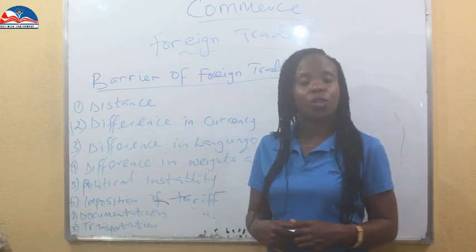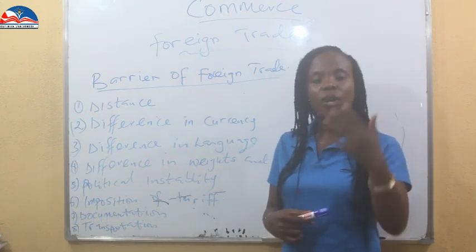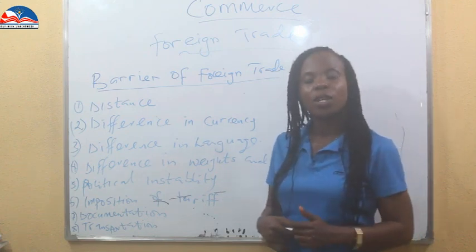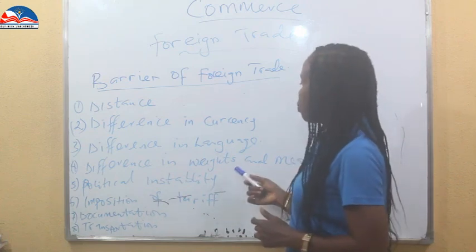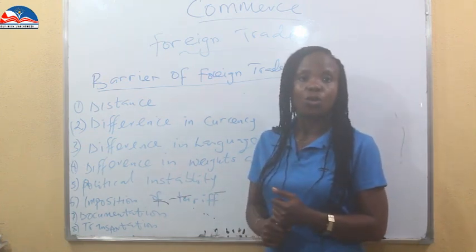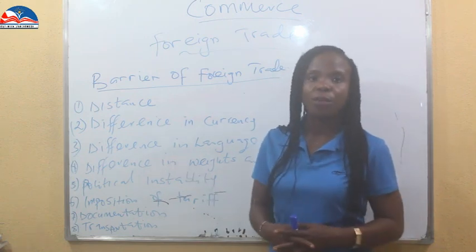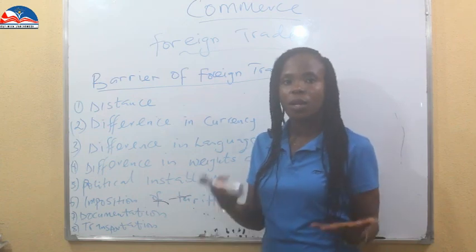Without the aid of a translator, you won't be able to do that. Or without the aid of a translator, you cannot communicate or transact business with such an individual. So, language barrier. Difference in weight and measurement. The measurements used in other countries may not be the same measurement we use here in our own country. So that may cause variation.